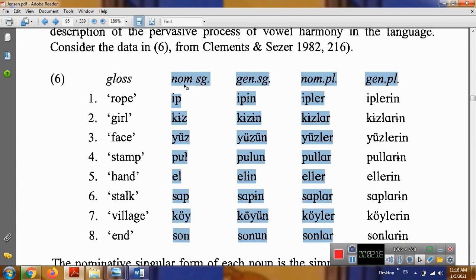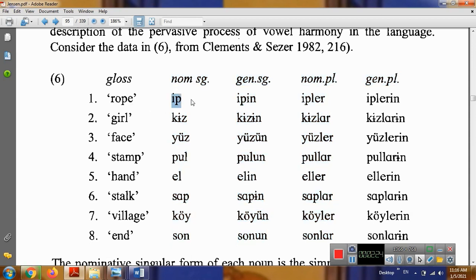SG stands for singular and nom stands for nominative. The nominative singular form, for example, for rope, is ip. And the genitive singular form is ipin. If you pay attention here, we add a suffix to this form, ipin.